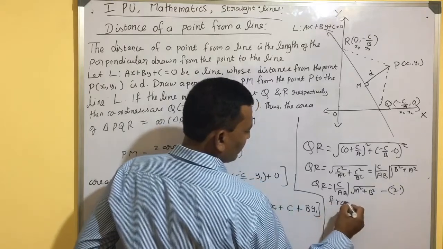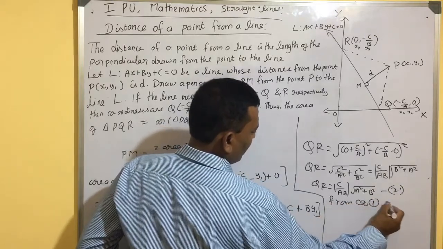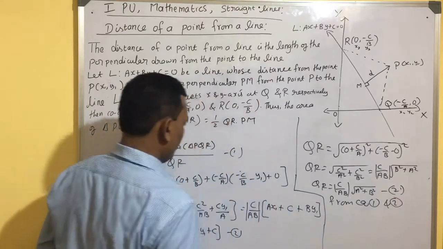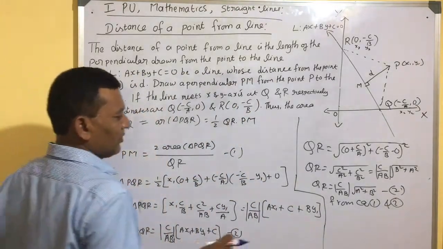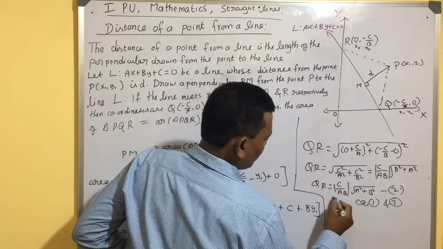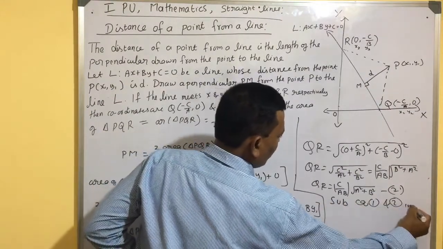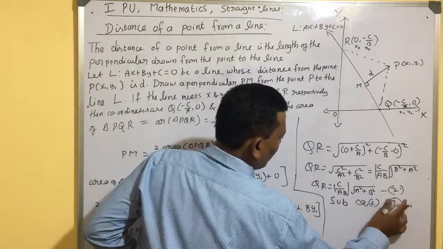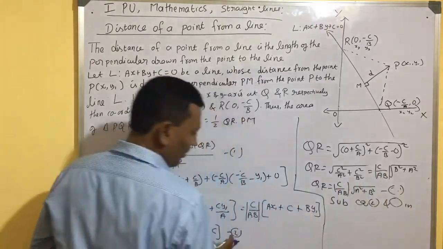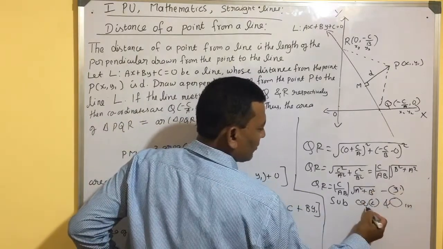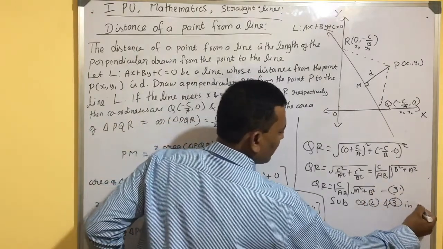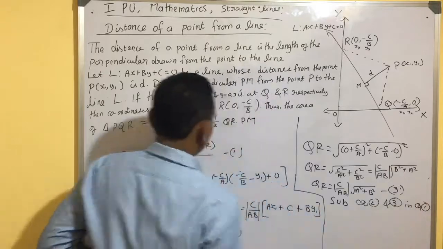Now from equation 1 and 2, so this we can do, this is substitute 2 and 3, this is equation 2 already we have taken, this is 1, so this should be equation 3, substituting 2 and 3 in equation 1.